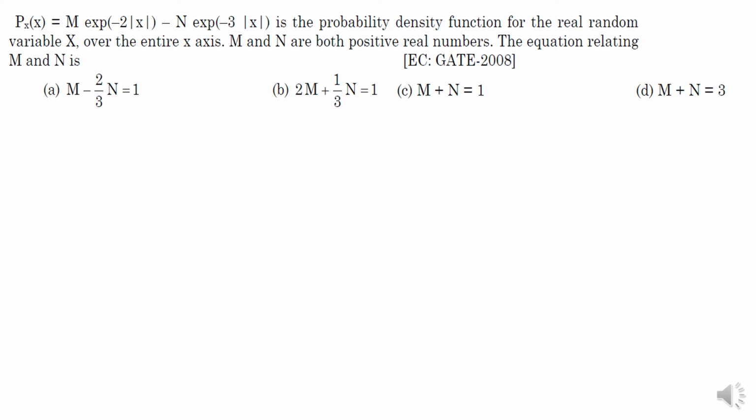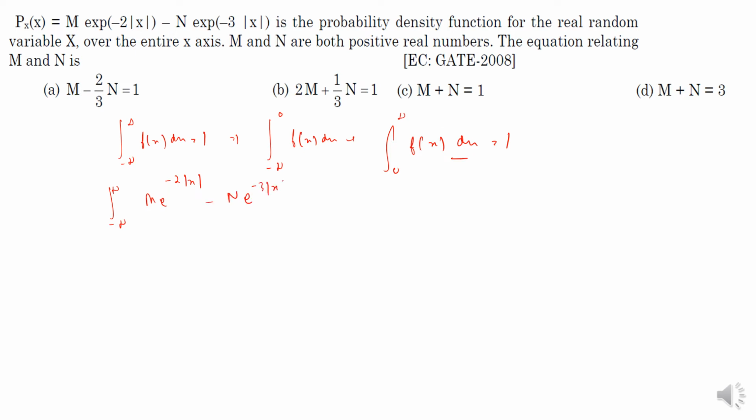Now this question is similar to what we have already seen earlier. As I have already told, the integral from minus infinity to infinity of f of x dx is equal to 1. We can divide this into two parts: minus infinity to 0 f of x dx plus 0 to infinity f of x dx is equal to 1, and then try to solve. Now the function is m e power minus 2 mod x minus n e power minus 3 mod x.